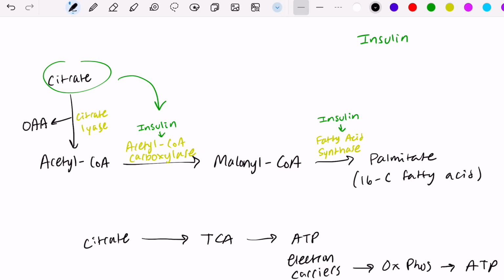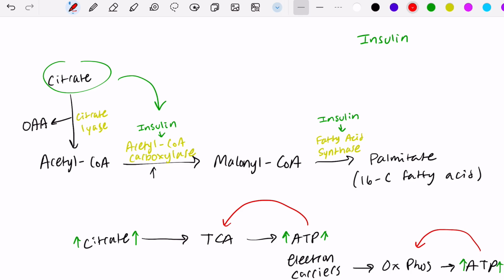So if we have really high levels of citrate, we probably also have really high levels of ATP, right? This high level of ATP will negatively feed back on these processes that produce more ATP, right? So if we're not sending our citrate to the tricarboxylic acid cycle, it's got to go somewhere else. So we have to ramp up these enzymes to produce fatty acids with our citrate molecules and eventually acetyl-CoA molecules.